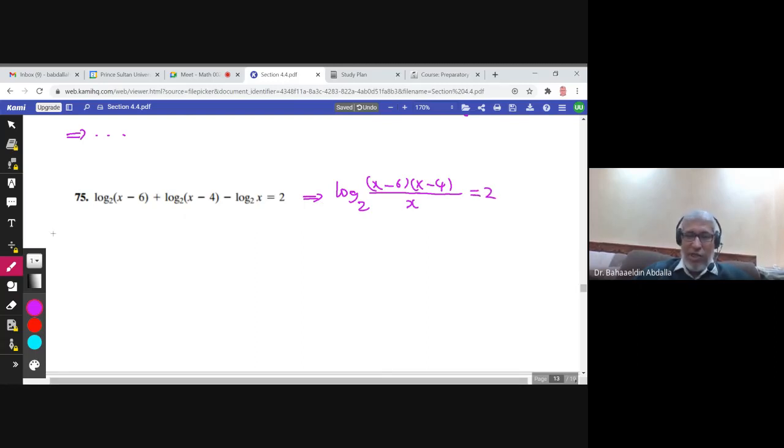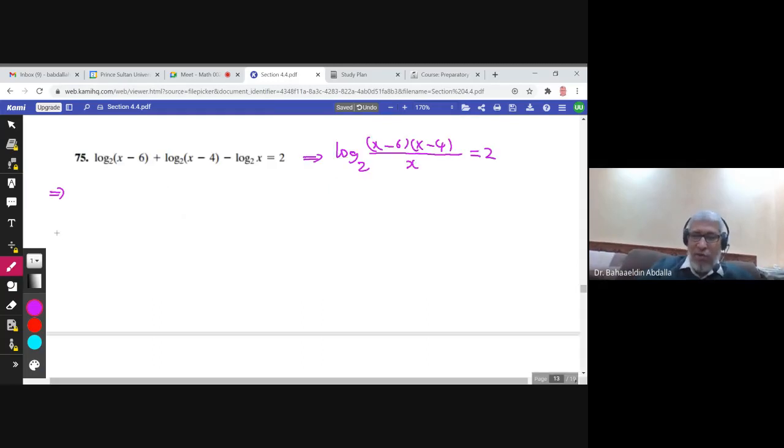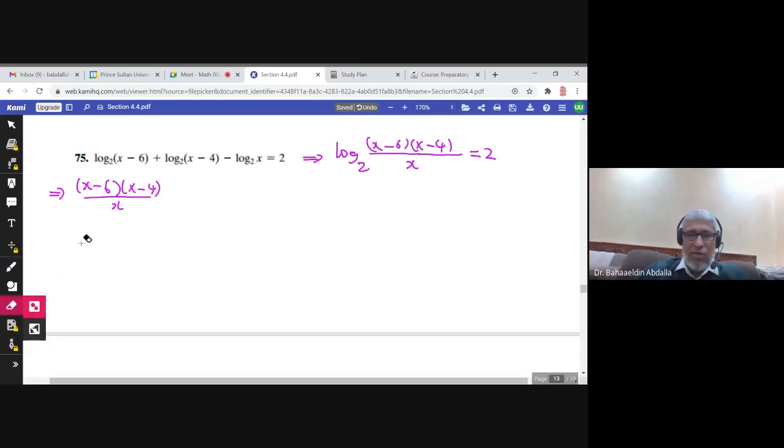Now I change this log to the exponential form, so I will have x minus 6 times x minus 4 over x equals 2 to the power 2.